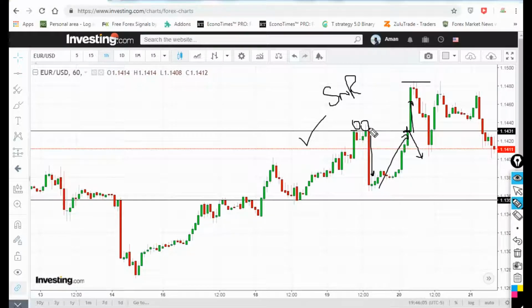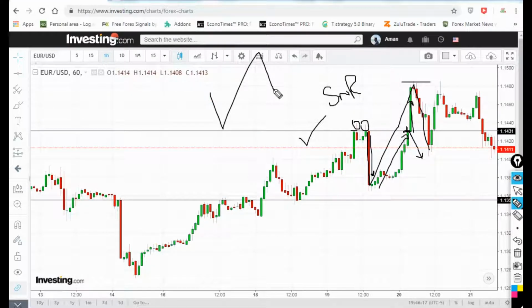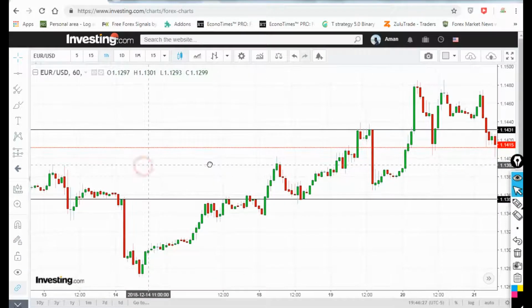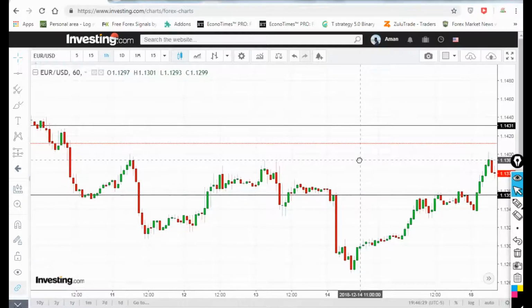So in the level of wave, the market must behave like this. This is wave 1, this is wave 2, and this is wave 3. So sometimes in correction parts, waves do like this. So it's another story.